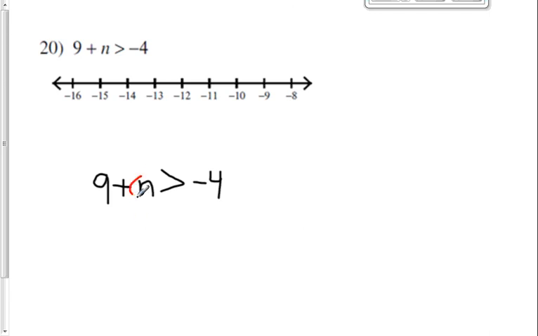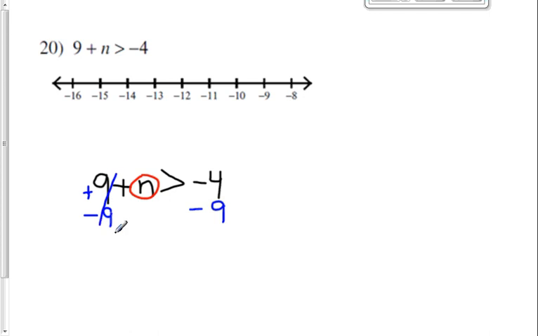Again, I'm solving for the n, so I have to do the opposite. What's different, though, is we have the 9 in front. There's no sign in front of it, and that means it's a positive 9. How am I going to get rid of 9? To get rid of 9, I actually have to subtract 9. If you do it to one side, you have to do it to the other side.